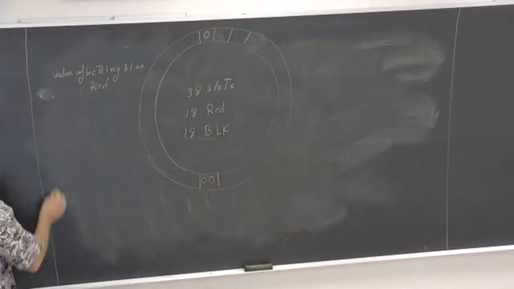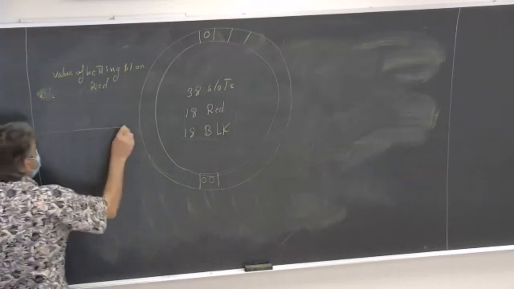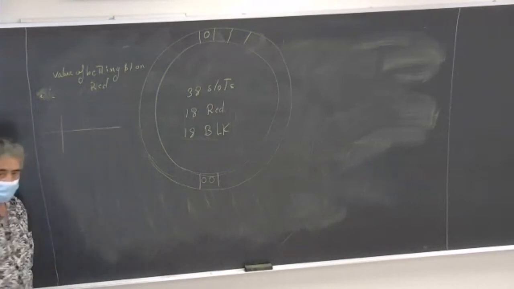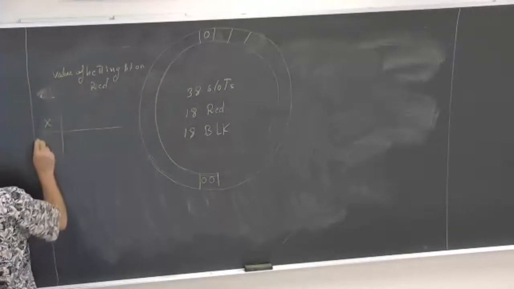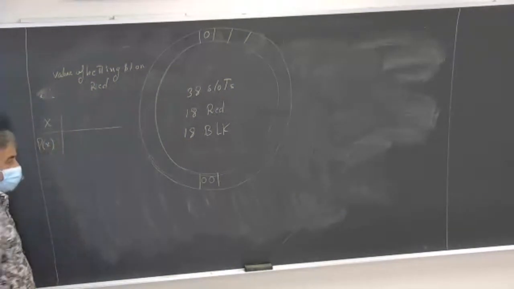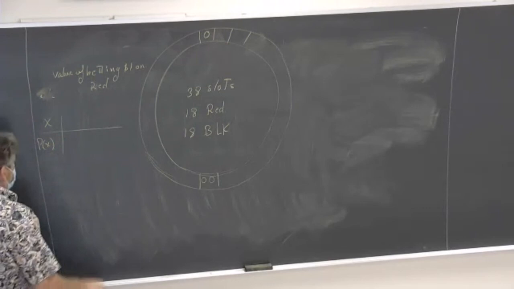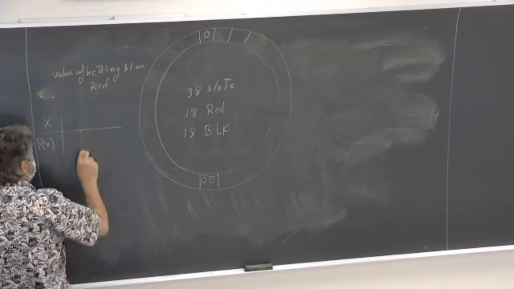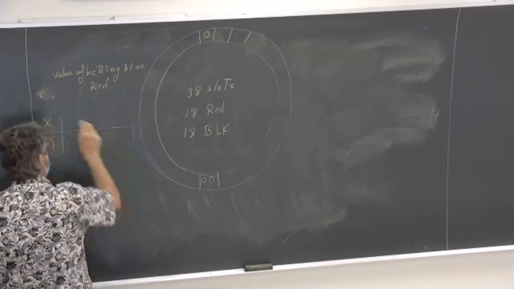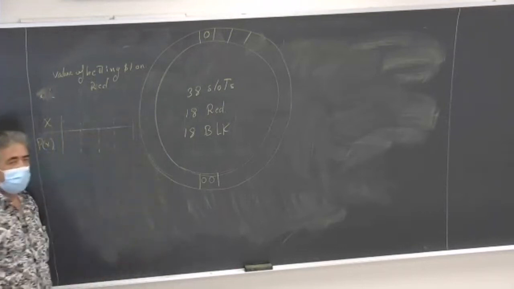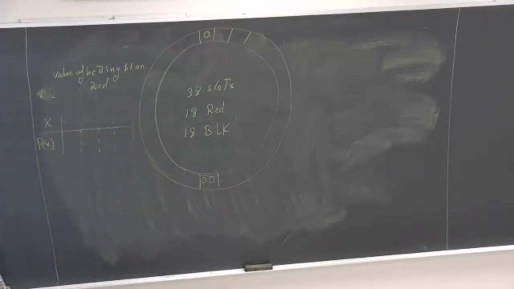Again, we want to do a probability distribution. Yes? That probability distribution is x, then P of x. Yeah? And I'm going to put the scenarios you're going to get, and on top of it, what you're going to win or lose.